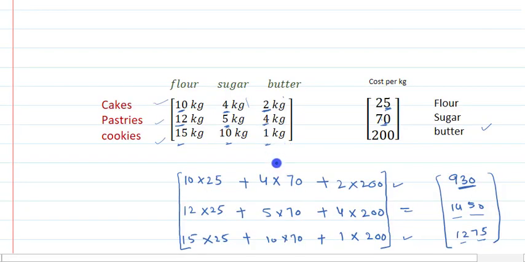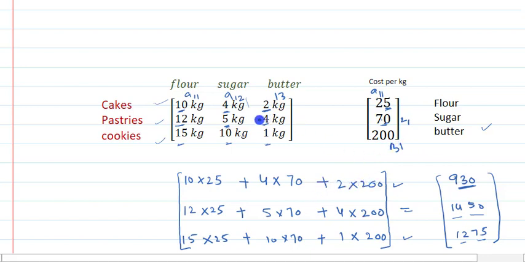Let us observe one thing in this multiplication. We found that the a11 element of this matrix gets multiplied with the 11 element of the other matrix. Then the 12 element of this matrix is multiplied by the 21 element of the second matrix, and the 13 element of this matrix is multiplied with the 31 element of this matrix, and then we added them.